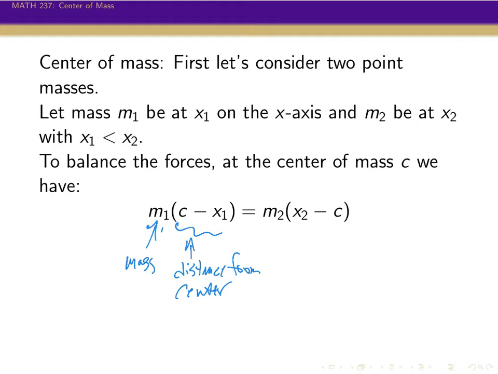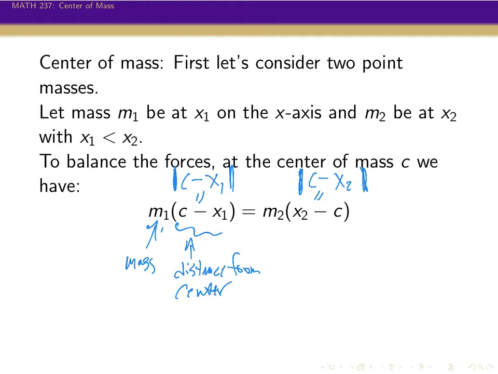The signs flip here because if x1 is less than x2, C is going to be in between x1 and x2. And so C minus x1 is equal to the absolute value of C minus x1, because C is going to be bigger than x1. And x2 minus C is also equal to the absolute value of C minus x2. But in this case, x2 is bigger, so when we take the absolute value, we have to flip the sign.